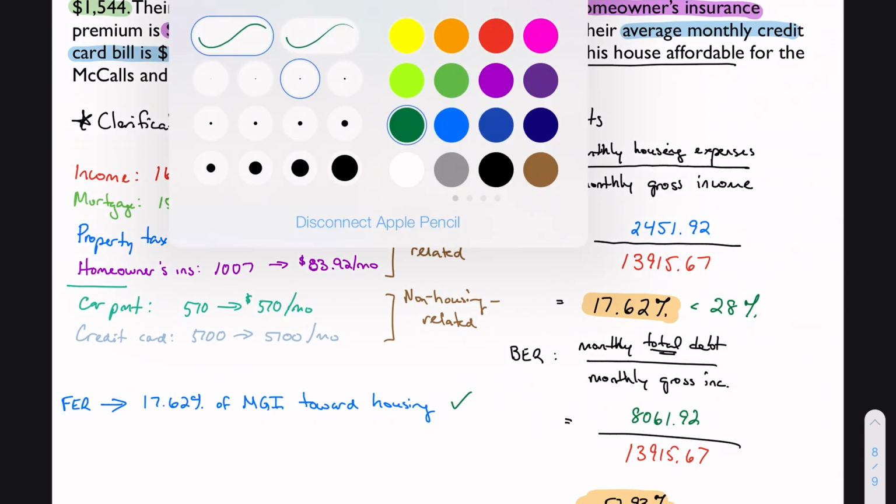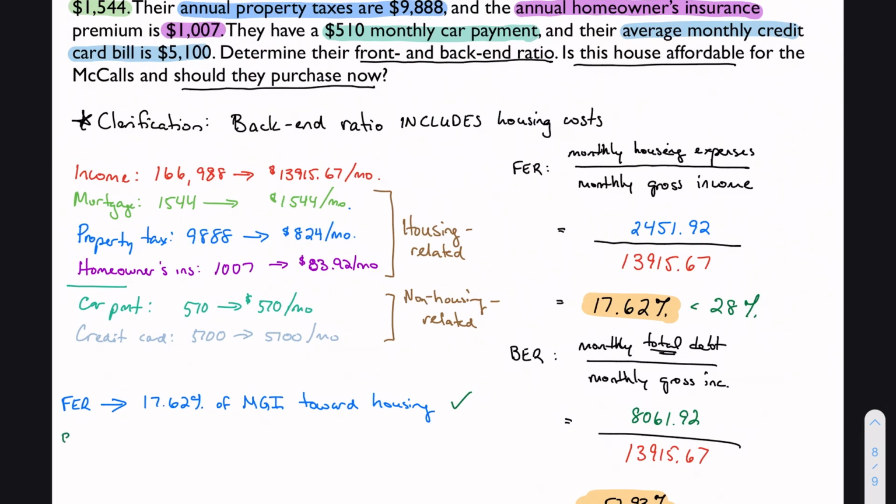On the back end, though, this is saying if I account for all of my existing debt plus the housing debt, then almost 60% of my monthly gross income is going toward debt. I can think about this as just 57% of my monthly gross income I owe to somebody else.